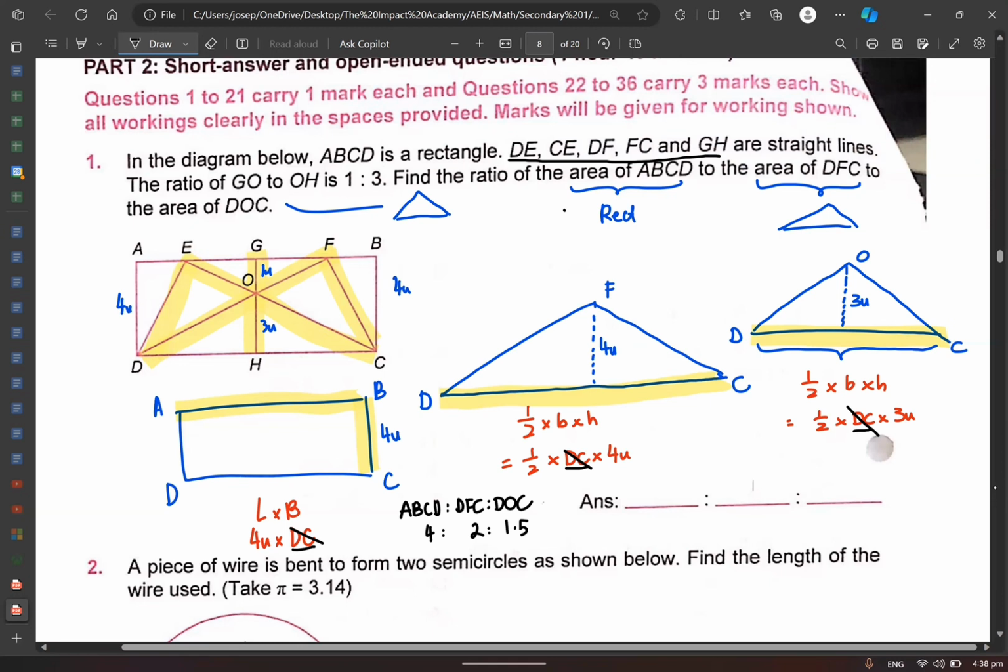If you're wondering how I got 1.5, it's because half times 3 is 1.5. But in ratio, we do not have 1.5. We always want it to be a whole number. So that's the reason why I times 2 to everything, to make it all whole numbers. So 8 is to 4 is to 3. And therefore, your answer for this question has to be 8 is to 4 is to 3.